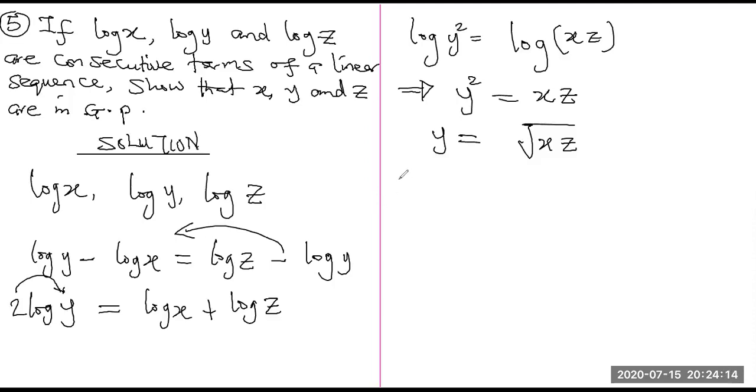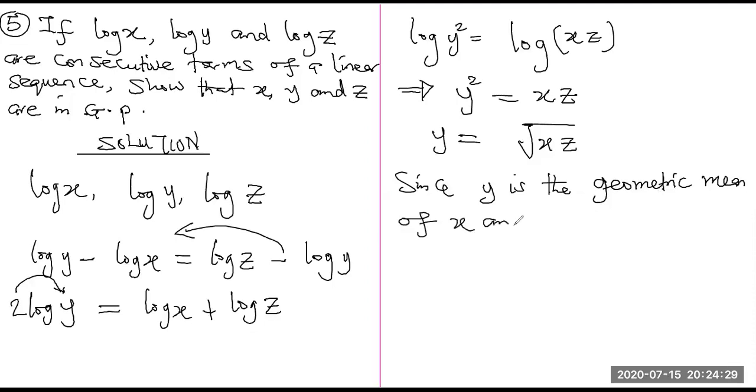So let's say that since y is the geometric mean of x and z, therefore x, y, and z are in GP, they're in geometric progression.